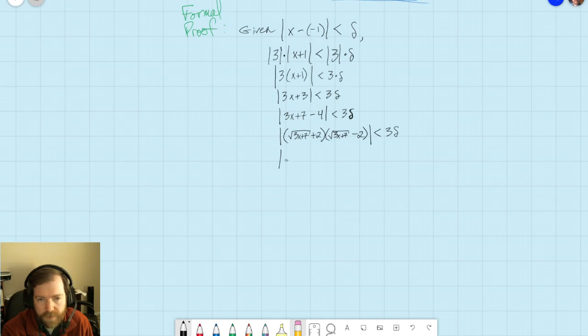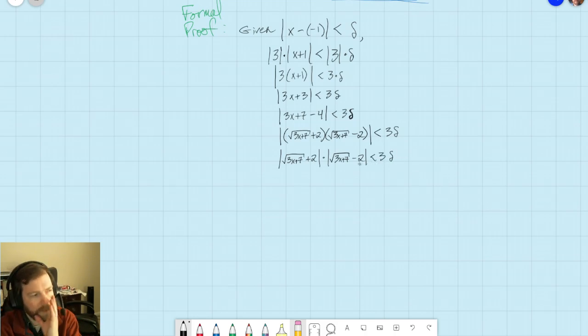So it's going to be the absolute value of the square root of 3x plus 7 plus 2 times the absolute value of the square root of 3x plus 7 minus 2, which is less than 3 delta. Then we say here that this thing is not part of the function, so we're going to divide it off.